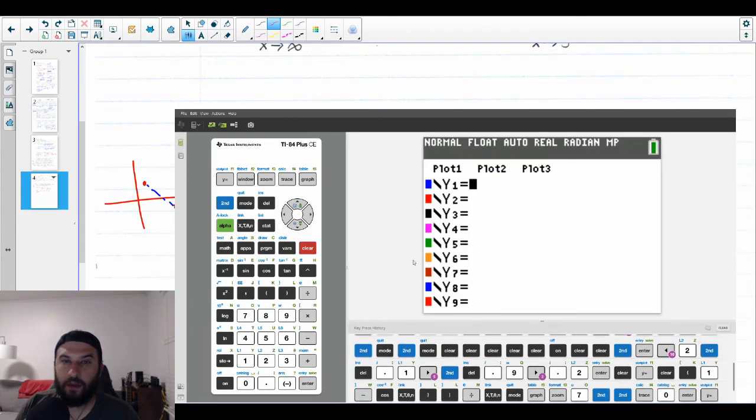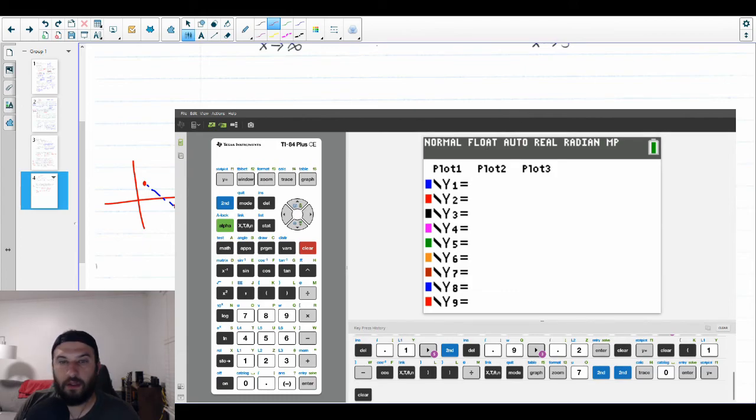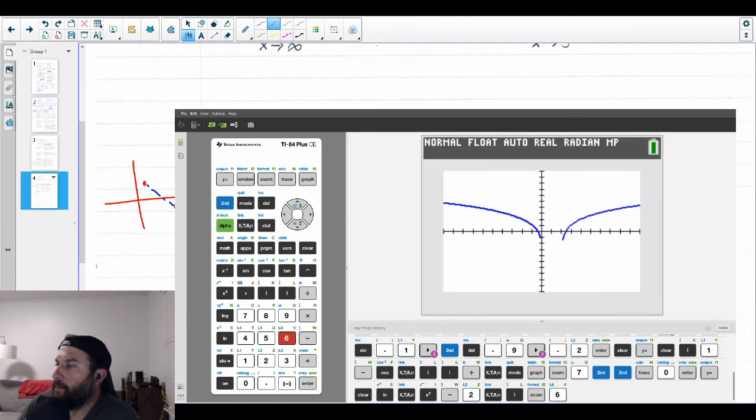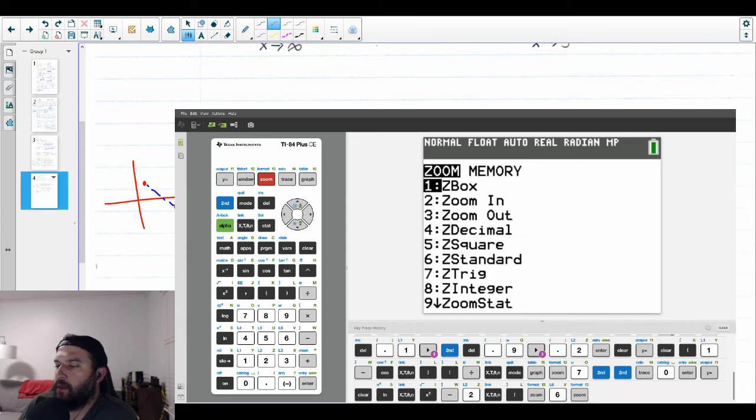Okay, back to y equals. So let's see, this was ln of x squared minus 2x. The natural log. That's what mathematicians use to start fires when they go camping. Let's take a look at the graph here. So I'm going to do Z-box just so we can get an idea of what's going on here.